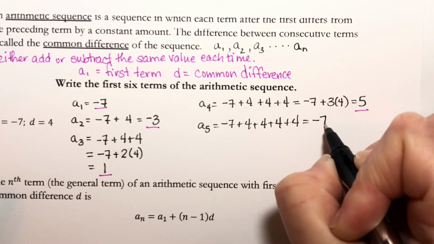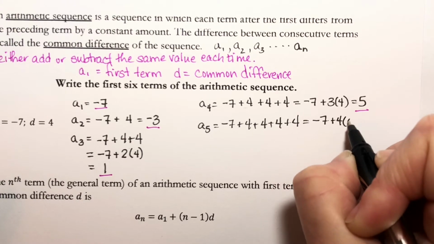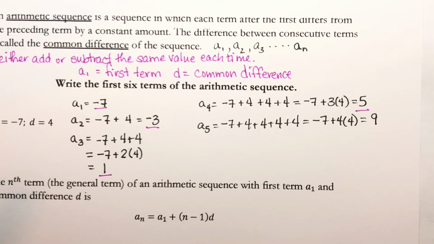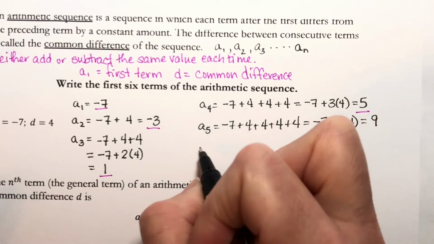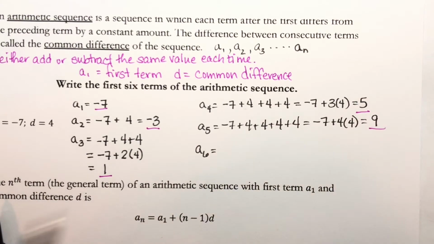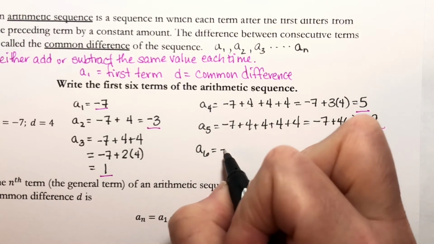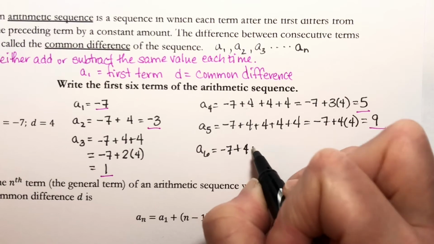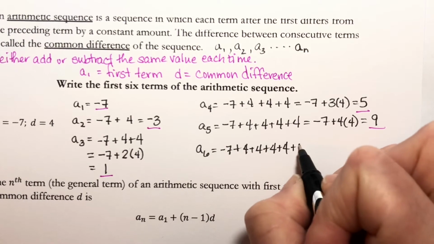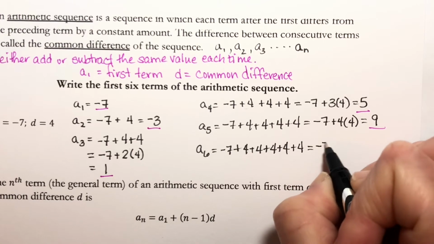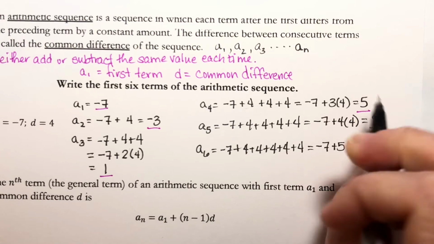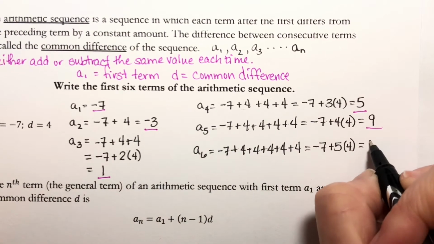So this is -7 plus 4 times 4, which would be 9. Okay, and then one more, A6. This is -7 plus 4 plus 4 plus 4 plus 4, and then add another 4. So this is negative 7 plus 5 times 4, which would be 13.